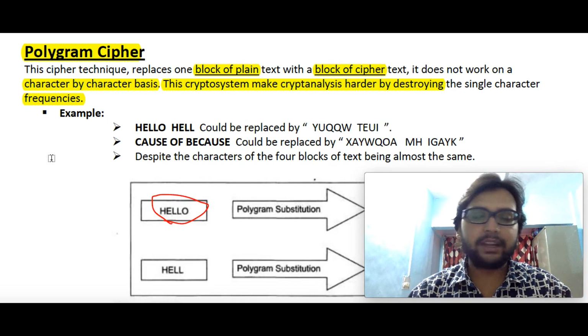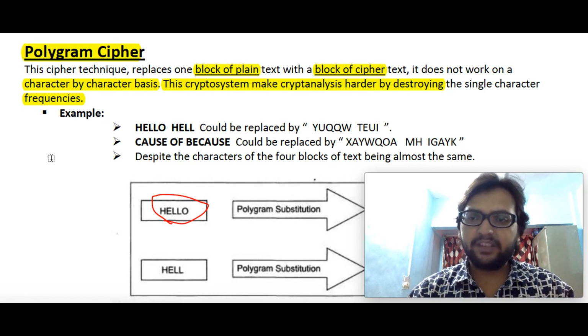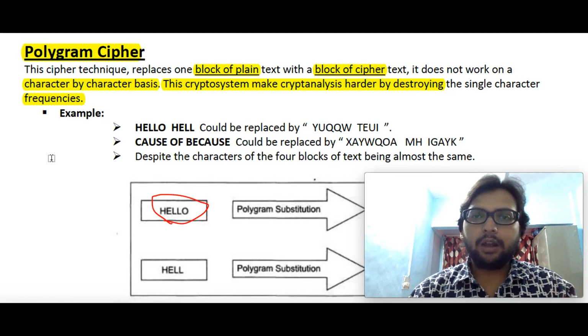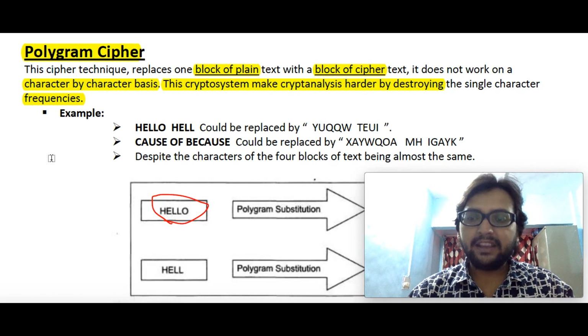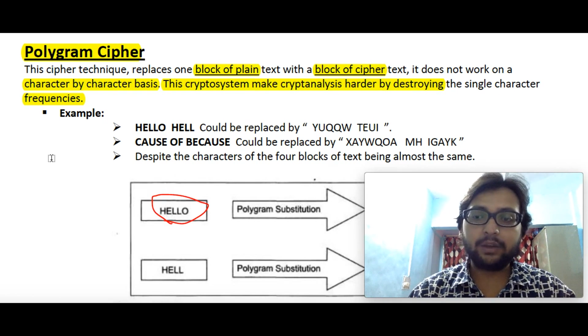If I want to encrypt a whole textbook using an algorithm which encrypts word by word or character by character, then you can just imagine how much time it's going to take to encrypt that one textbook.